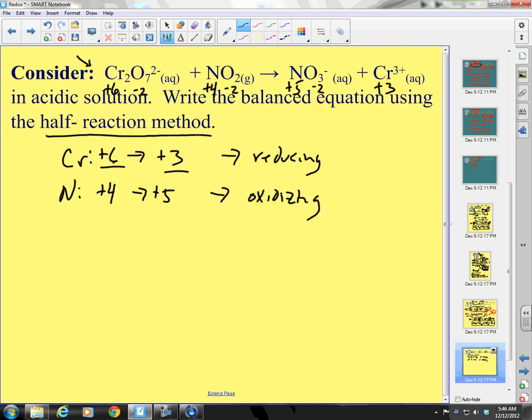So what is oxidizing? Nitrogen. So we want to start up here, and we're going to write all of our NO2. So I'm going to take NO2, and it's going to go to what? Where's my nitrogen over here? So over here, NO3 minus. There we go.